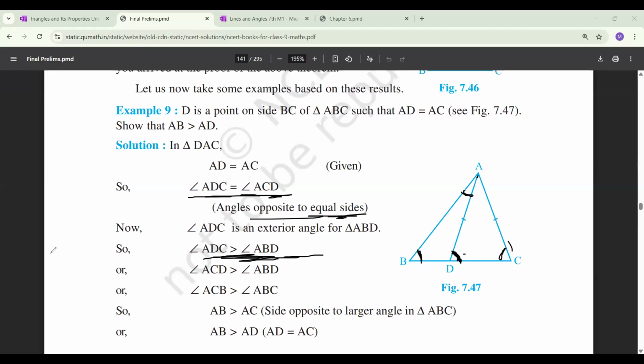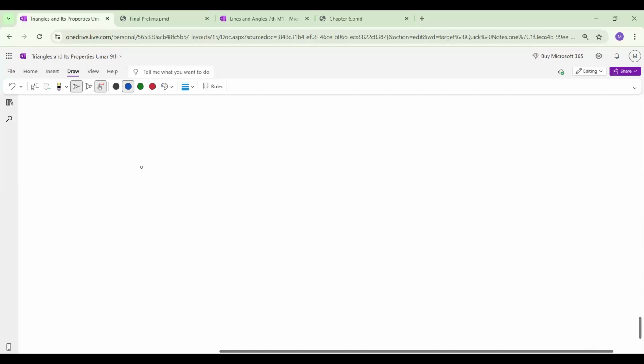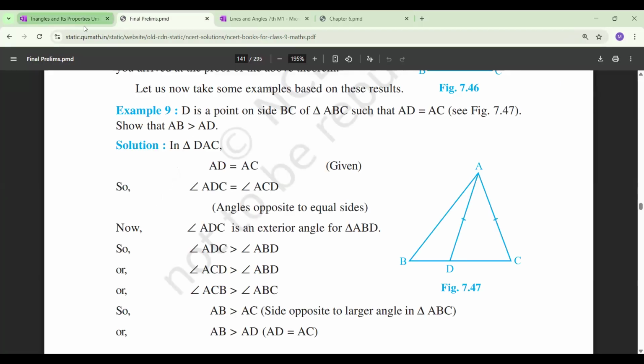Now further, from this, guys, I'll explain this. Let me draw it again. They have said we have a triangle ABC.